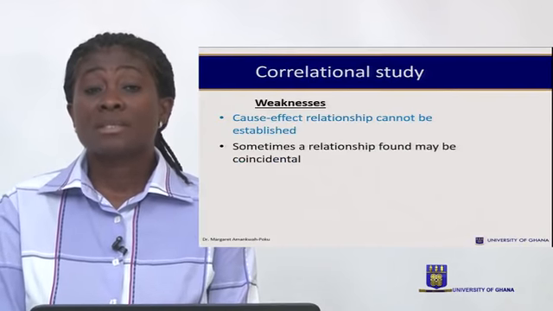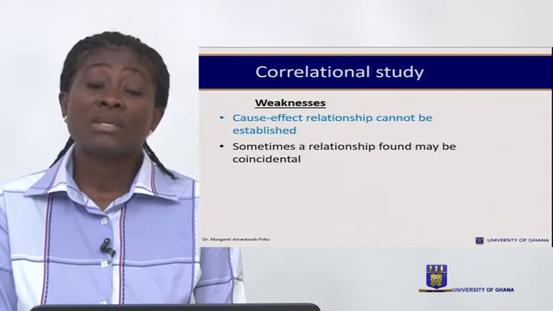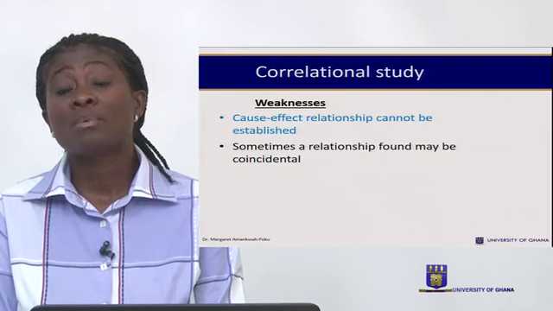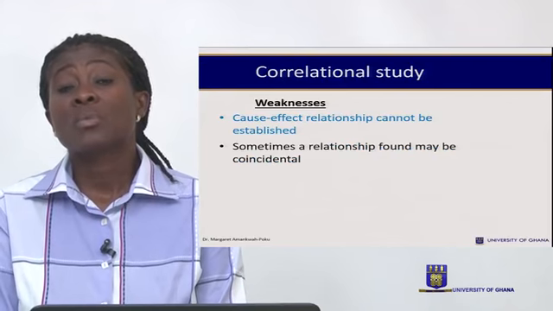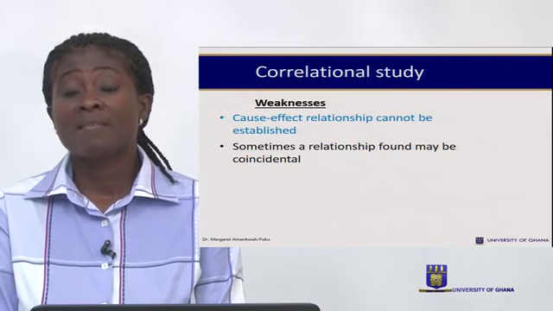A weakness of this method is the fact that the researcher is not able to establish a cause-effect relationship. It only establishes the association that exists between the variables being studied, and not whether variable A causes B or vice versa.